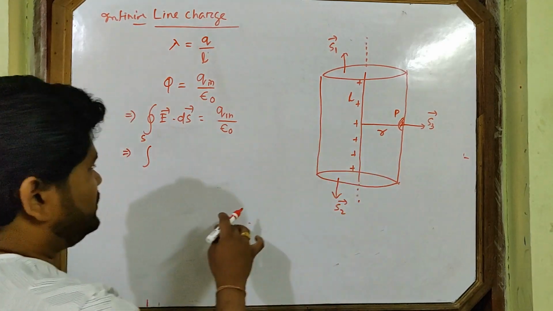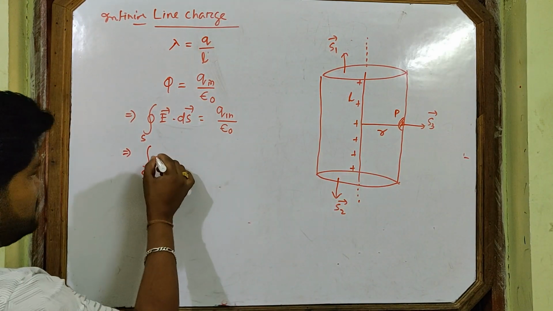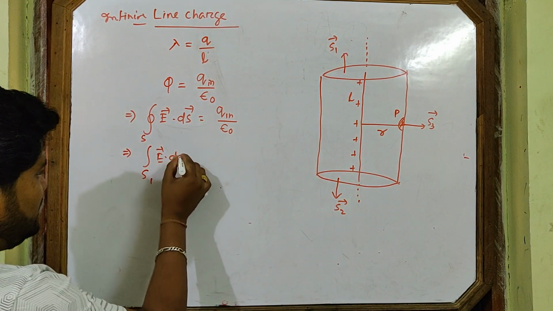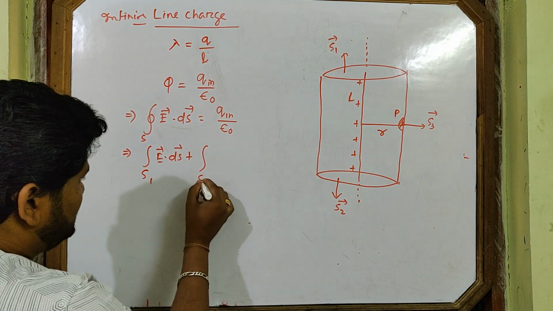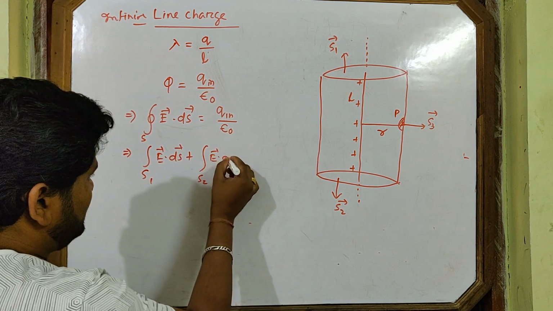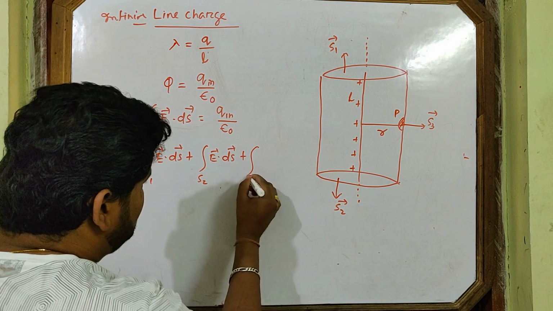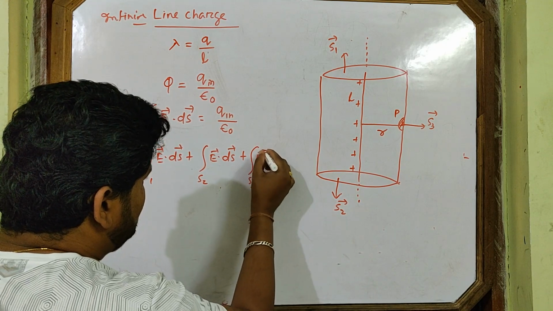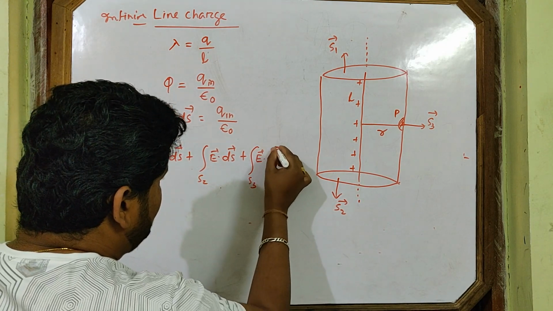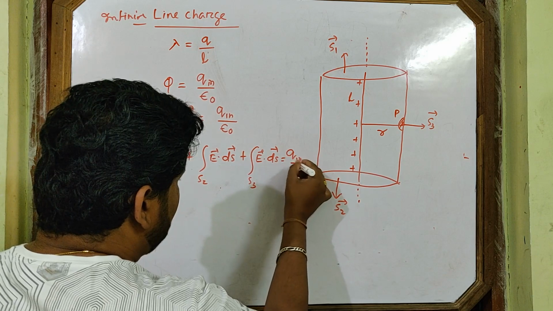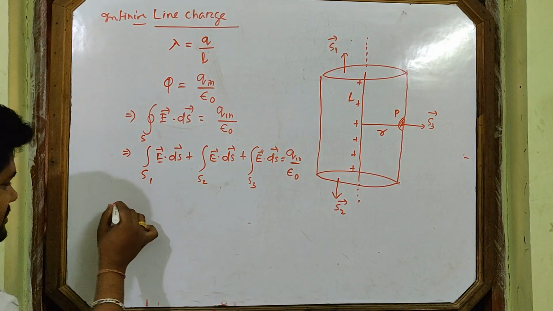Okay, now you do the integration. Split the integration into S1 E dot ds, S2 E dot ds, then S3 E dot ds, equals Q in by epsilon naught.